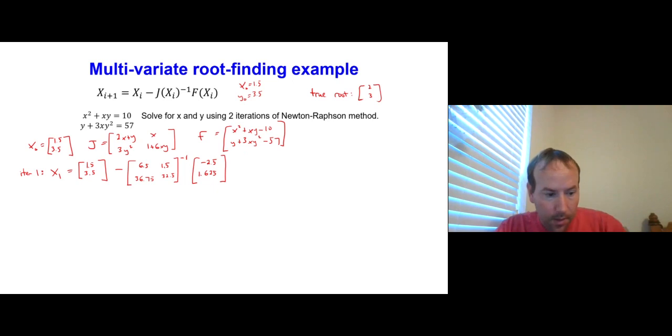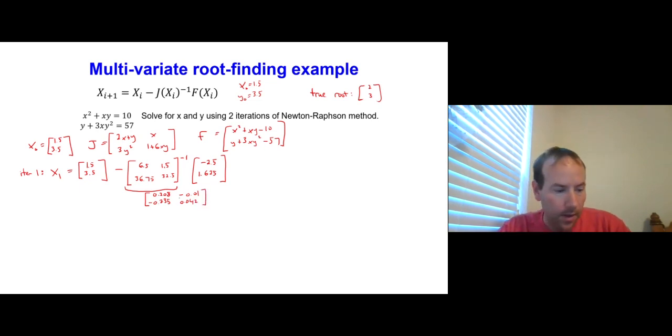So the next thing we need to do is actually compute this inverse right here. I'm just going to write it down. If you can, in your calculator or using the determinant or the matrix inverse equations that we had before, either of those approaches would be fine for calculating what this inverse actually is, but I'm just writing down the result for sake of time.